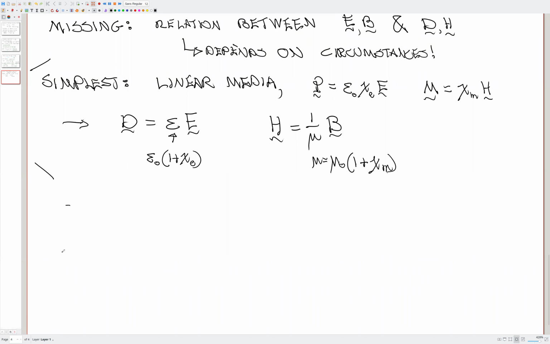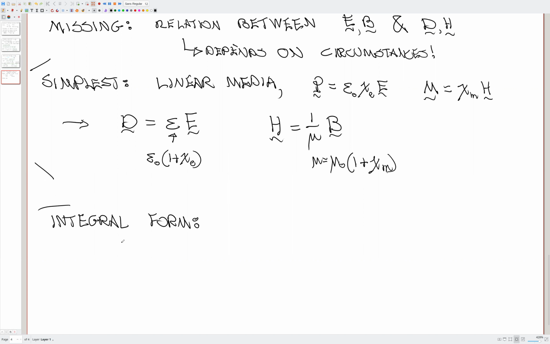So we also have, of course, an integral form for our Maxwell equations.